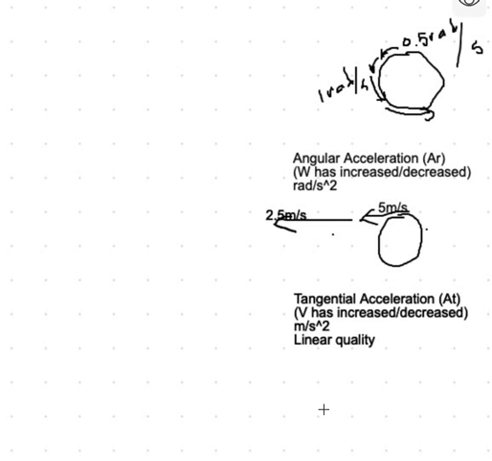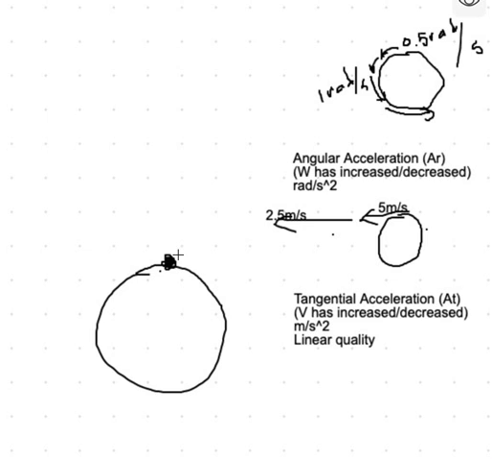Then we have our final type of acceleration, which doesn't involve a change in speed. This one happens because even if the tangential velocity is the same, the direction of the tangential velocity at different points of the circle is going to be different.